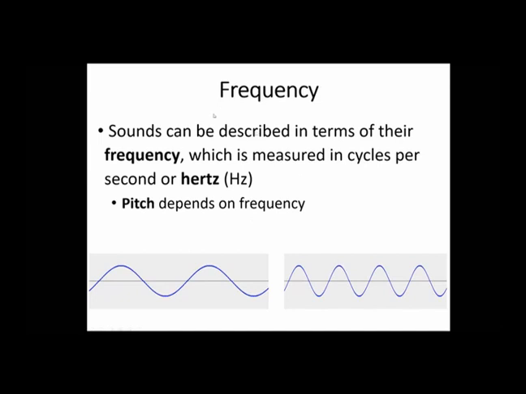So first off, we have frequency. If sounds are described by frequency, we're talking about their cycles per second in most cases, which could also be called hertz. And so frequency is used pretty much interchangeably with pitch. So if we talk about something being high frequency or high pitch, then it's higher in pitch.